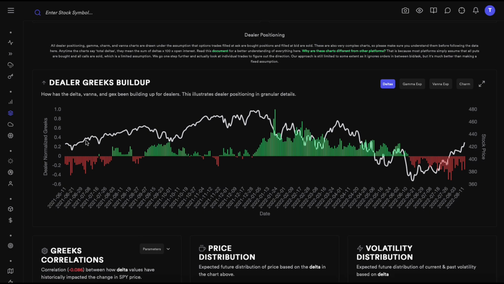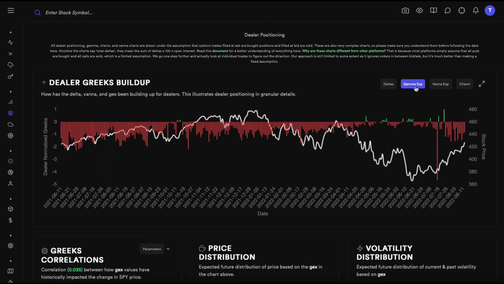That's interesting, because that is giving us these if-else scenarios, where as those scenarios start to happen, we can easily figure out what the market makers and dealers are doing. Okay, so that's where this gamma exposure and Vanna exposure comes in. So gamma exposure is the change in the delta with a 1% move in the underlying.